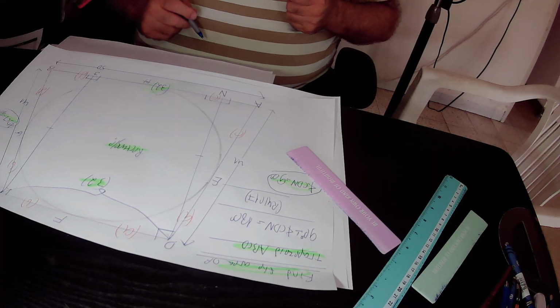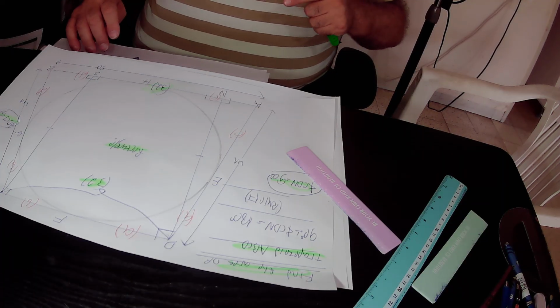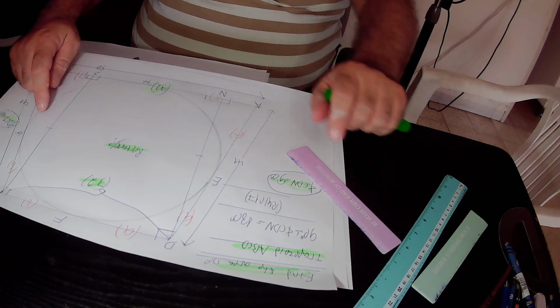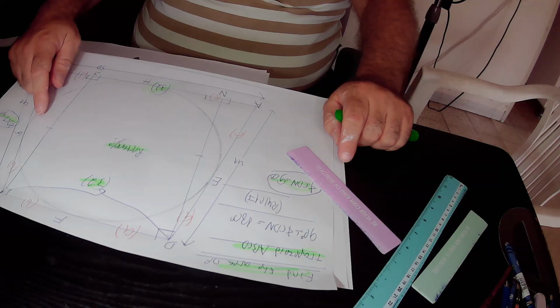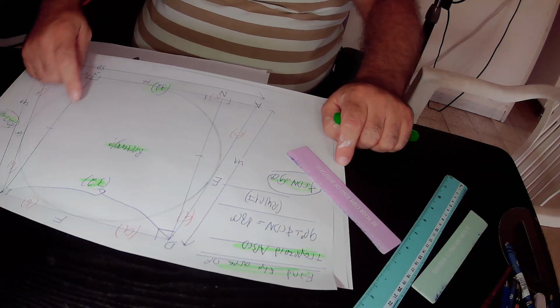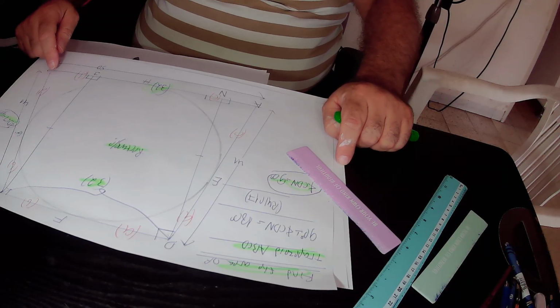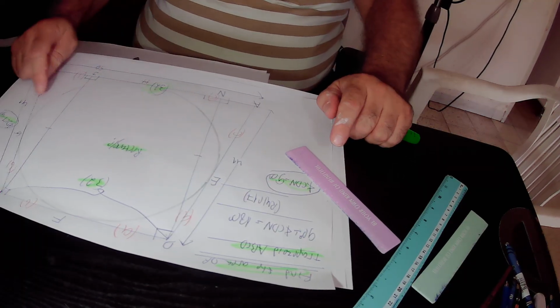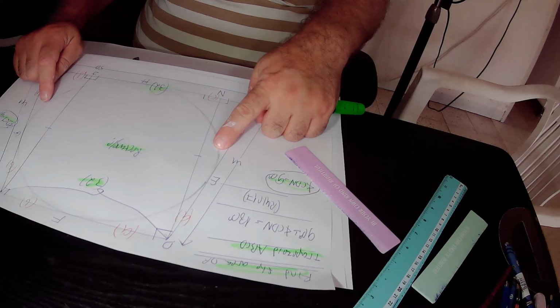So in the drawing we have 2 right triangles. This is triangle CJB, that is a right triangle. This is triangle DNA, that is also a right triangle. Those 2 right triangles can be shown to be equal according to the side rule.